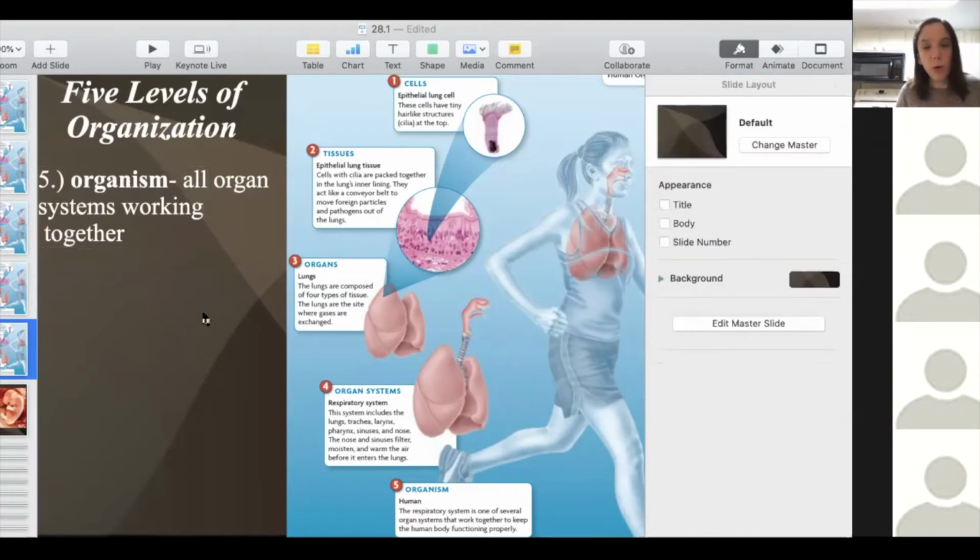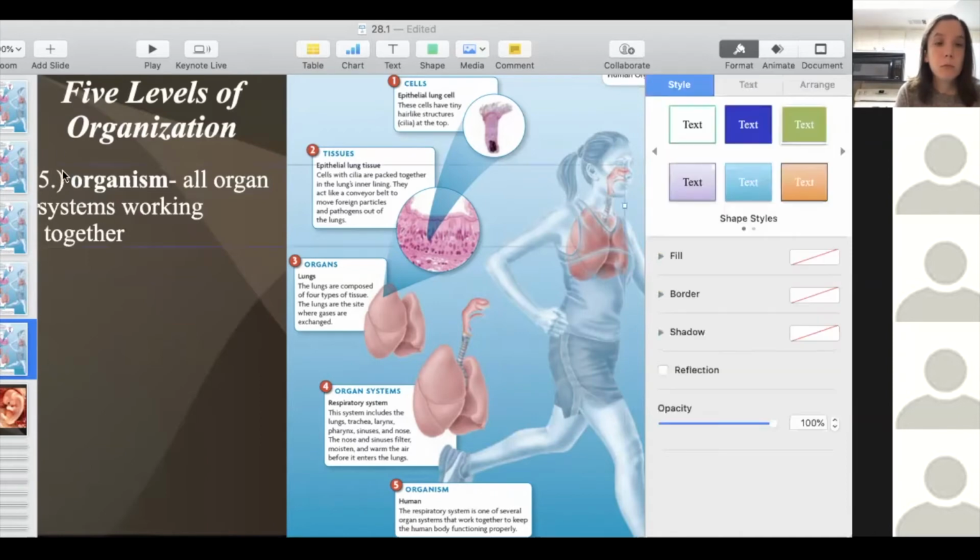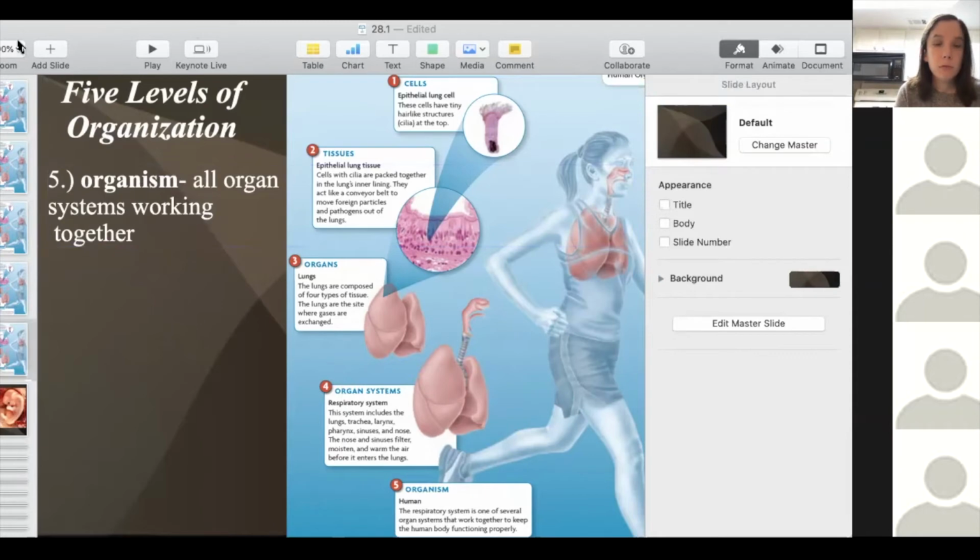And that's the fifth level of organization. So in this picture, the human body would be the organism, and it includes all of the organ systems that make up the human body.